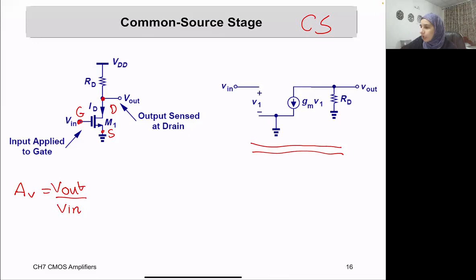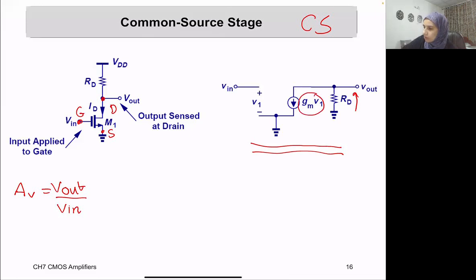Now, how to derive this? We can use Kirchhoff's voltage law, KVL, and KCL as required, and we can identify from the small signal model what the ratio of Vout over Vin is. So here Vout, you can see the same current that is going in RD is the same as gm V1.